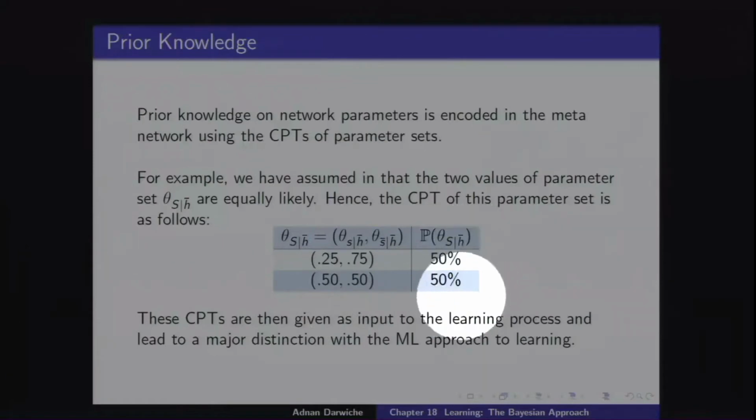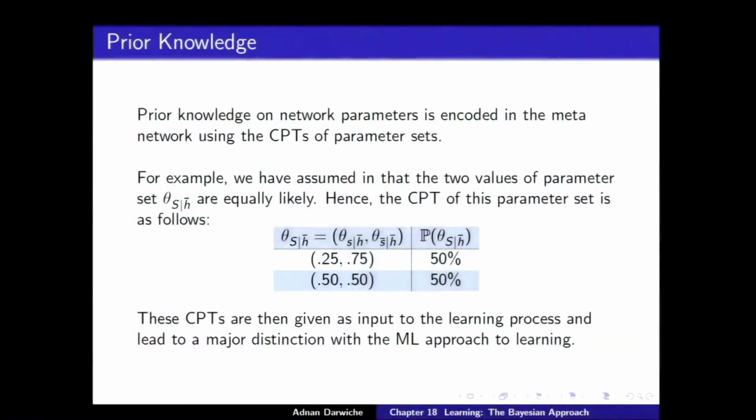And this is the distribution, right? 50-50, or it could be 30-70, and so on. Again, we could do this nice thing here because this is a discrete parameter set. If it is a continuous one, we can't do that. We need a PDF. We'll get to that later, next time. Okay, then the CPT is now part of the input to the learning process, and this is a major distinction with the maximum likelihood approach, right?